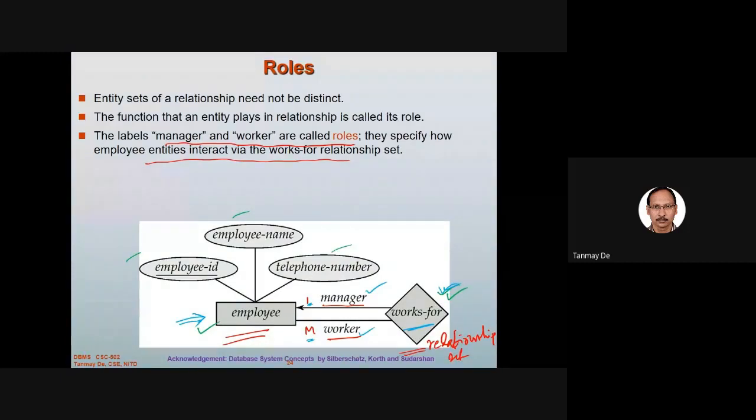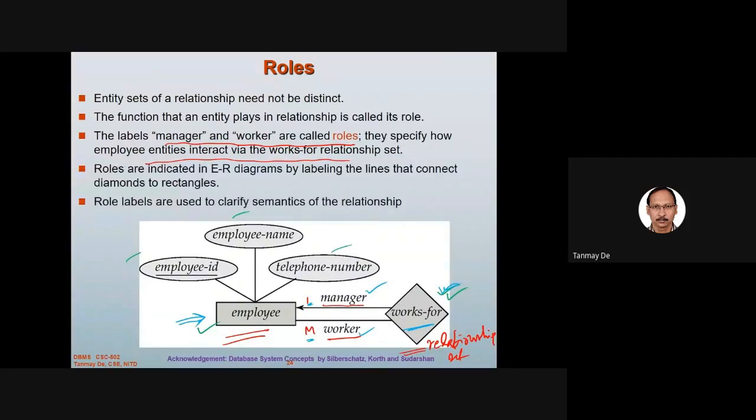But if there is an assumption or condition that a joint manager is possible, a joint project manager or something, then at that time this is many to many. Okay, so I think it is clear? Yes, sir.